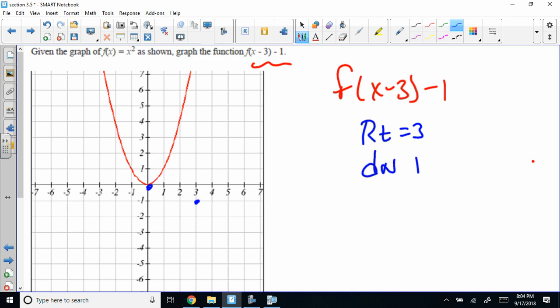So if I go over 1, it crosses at grids, right? And let's go over 2. That's still 1, 2, 3, what? 4. So 1, 2, 3, 4. There you go.